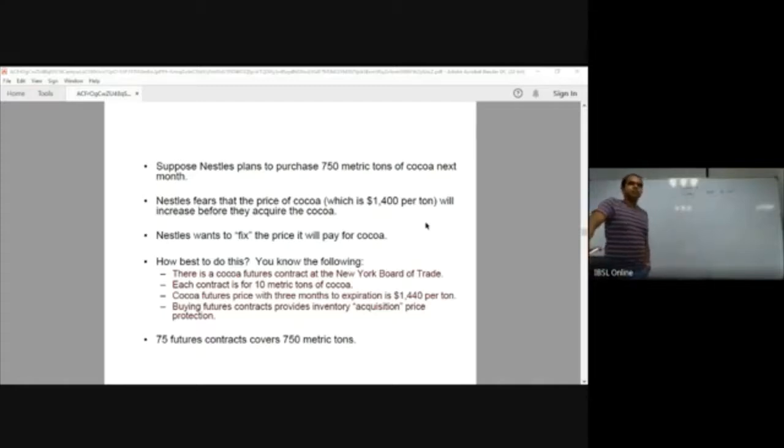So they have to go either long or short, right? And to hedge their risk, the position they take should make profits if the price goes up. Because the risk is the price going up, they need a product which gives them a profit when the price goes up. So should they go long or short futures?